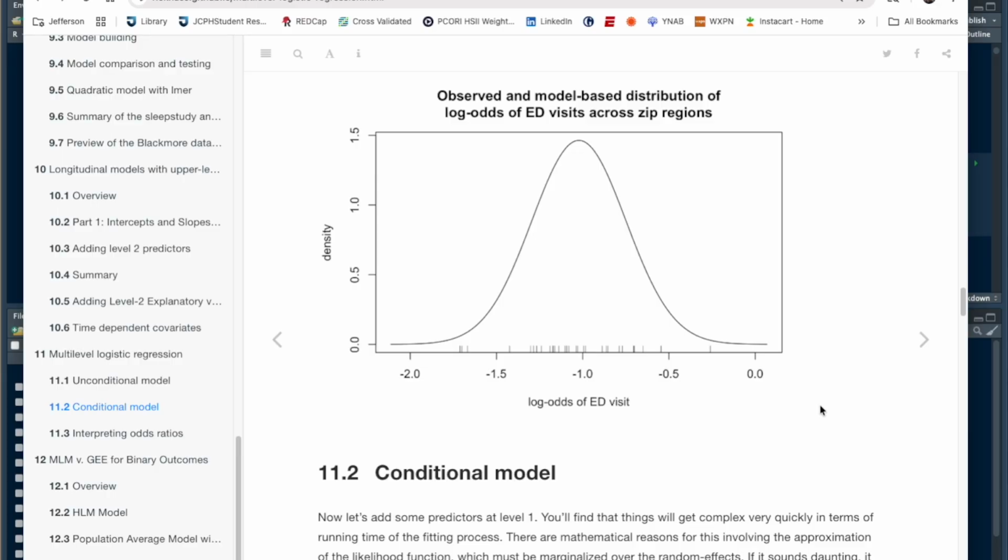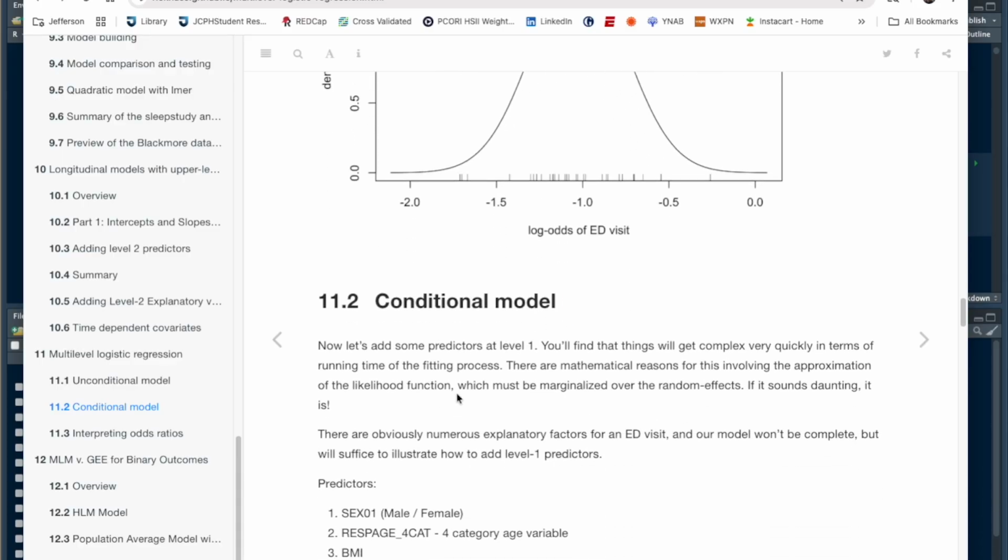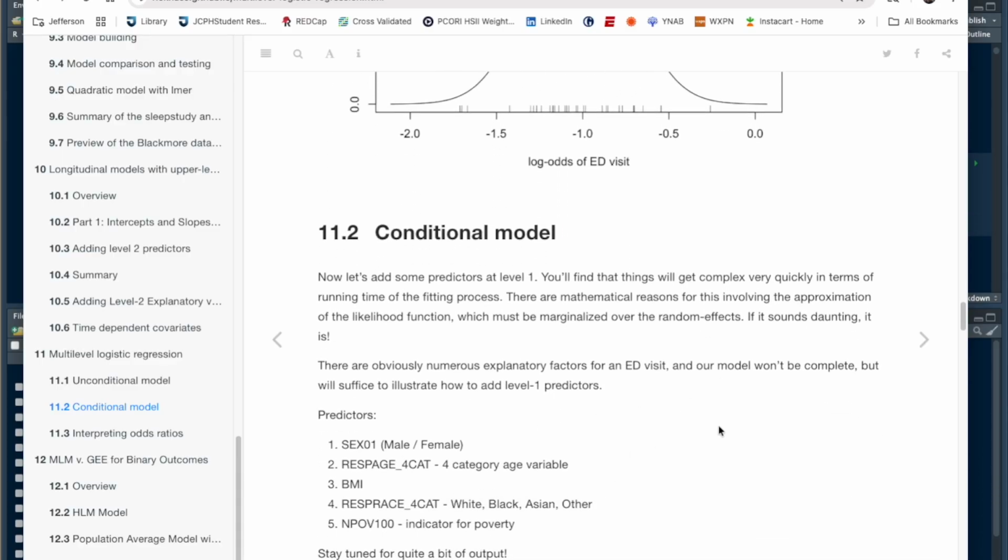Other times you might just be focusing on person-specific stuff and you want to just adjust for the fact that two people in the same cluster would have similar log odds compared to two people in different clusters. So all we're going to do here is just add some predictors at level 1.